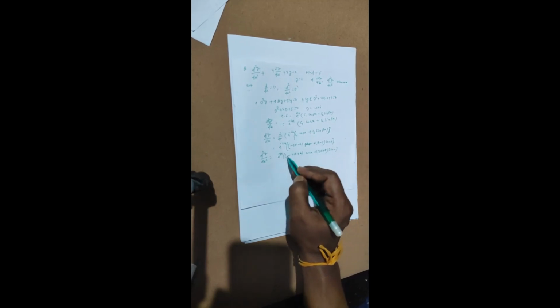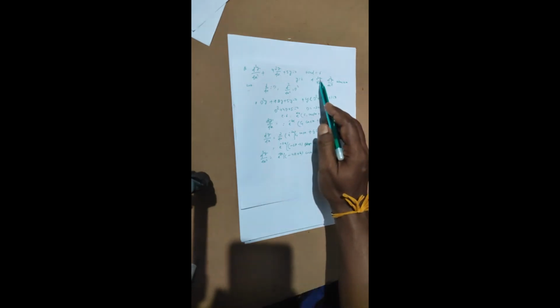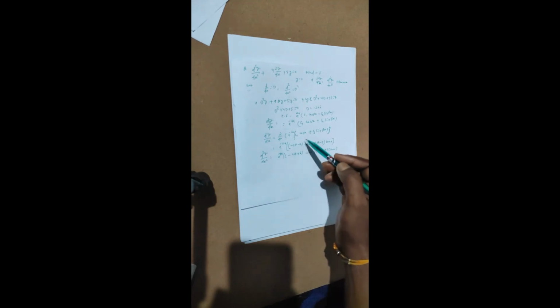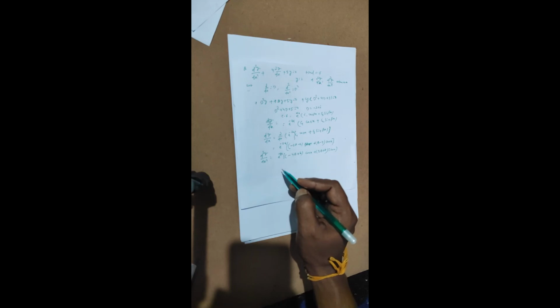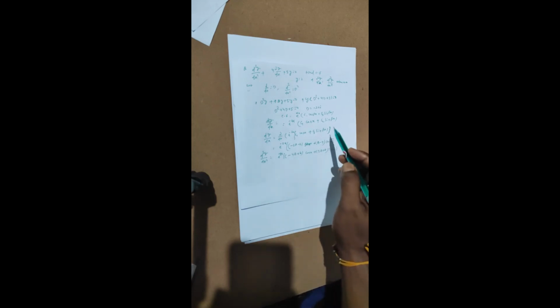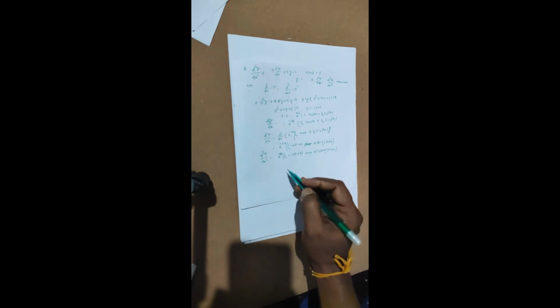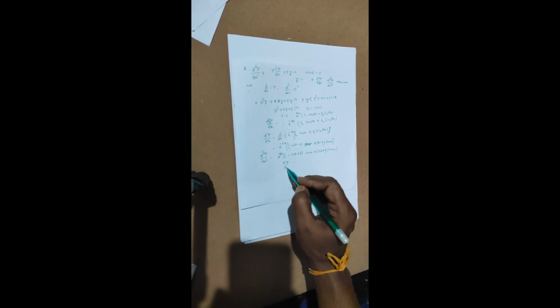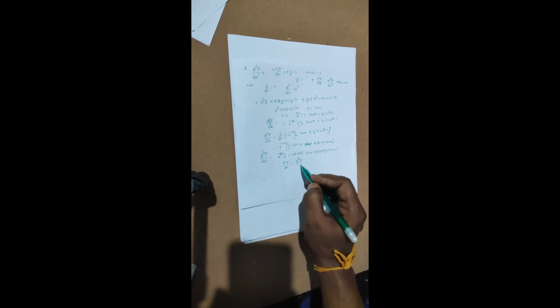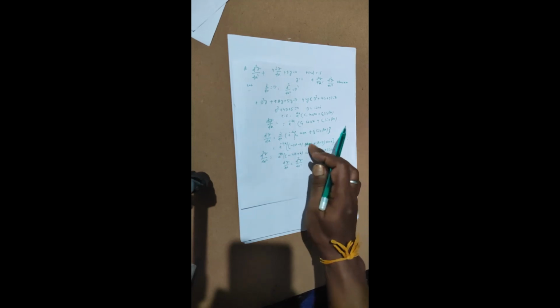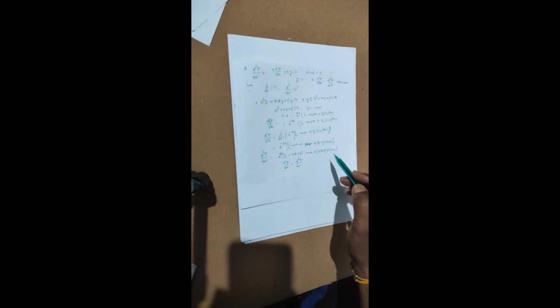The condition is that the first derivative equals the second derivative. Equating them, the e to the minus 2x terms cancel, and you solve the remaining equation.